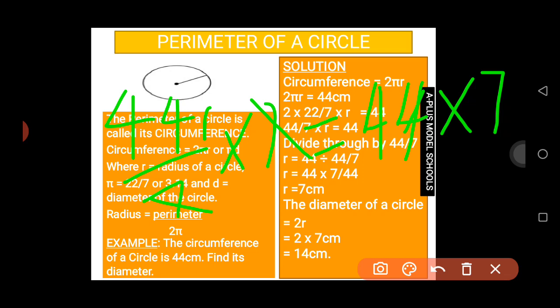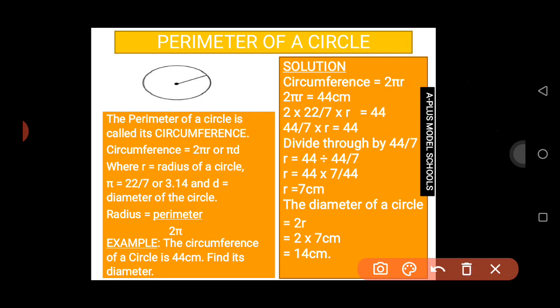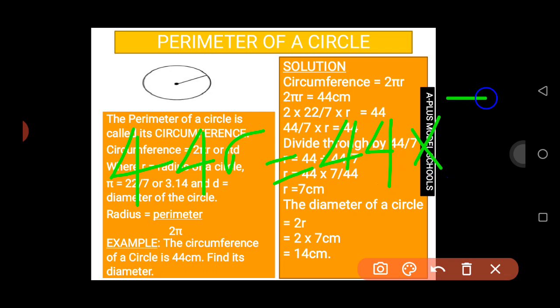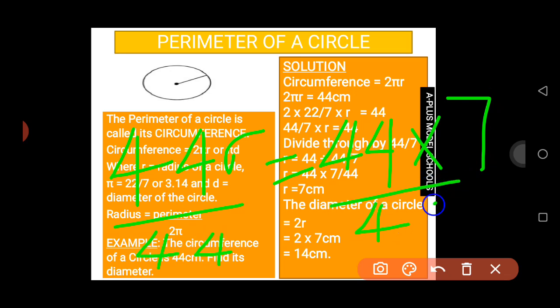Is that clear? So when this 7 cancels this 7, what I have left is 44r is equal to 44 multiplied by 7. Then I can now divide both sides by 44, which is the coefficient of r.